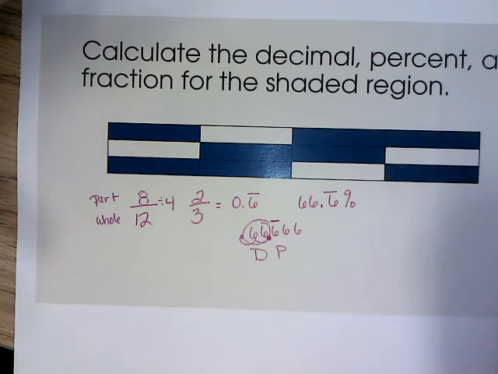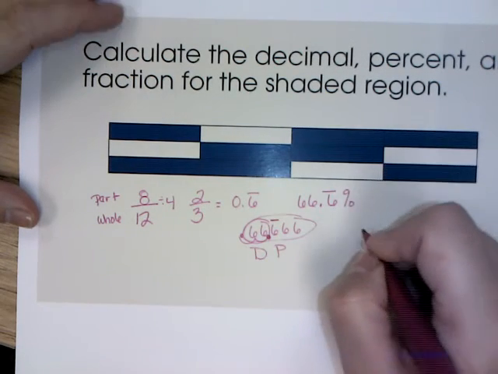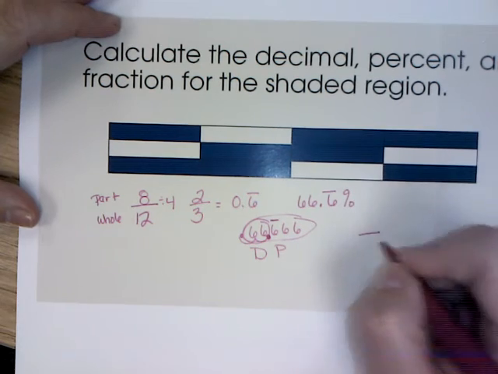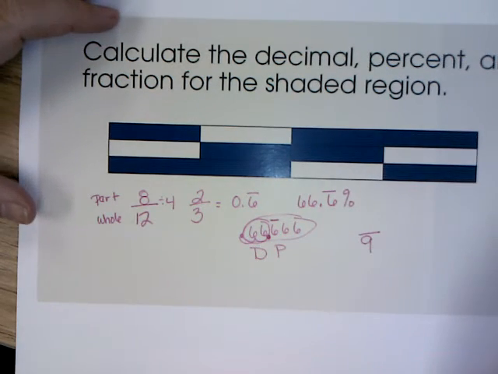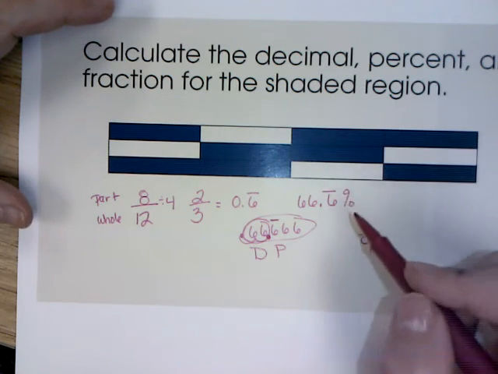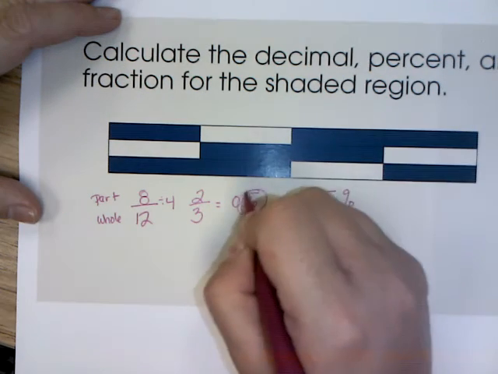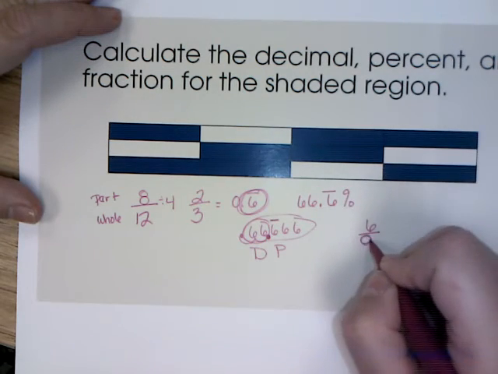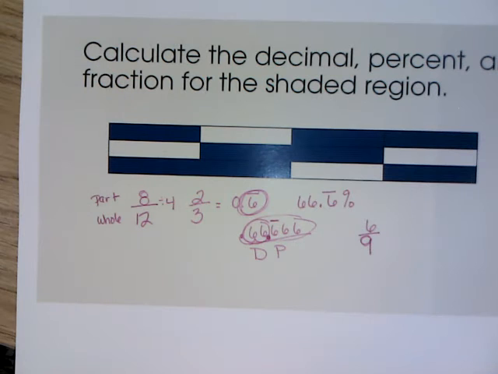One quick item, because I have a repeated number, the bottom of my fraction is not going to be out of 10, it's going to be out of 9. So I'm going to have 6, here's my decimal 6, out of 9, to let my audience know that that number is going to be repeating.